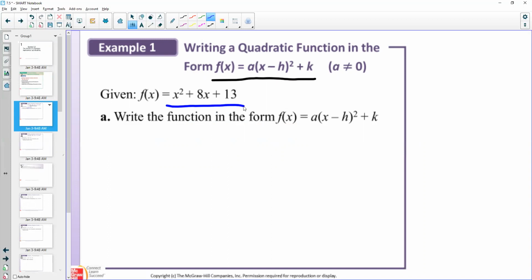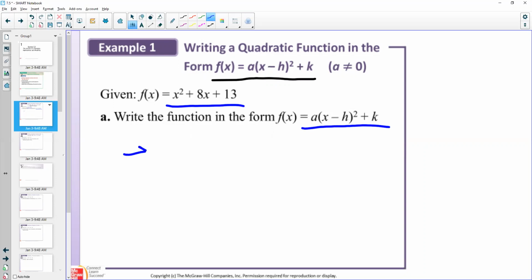And it's sort of along the lines of completing the square, actually. So here are the steps to do this. We want to take x squared plus 8x plus 13 and make it into a times x minus h squared plus k. The way we do that is with the following steps.